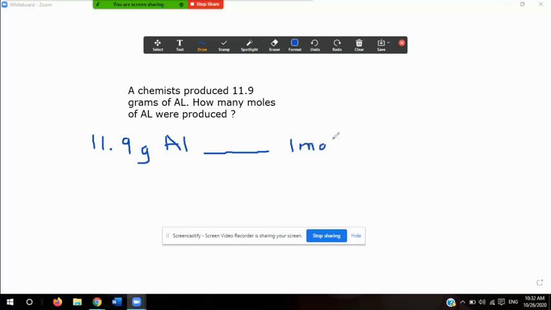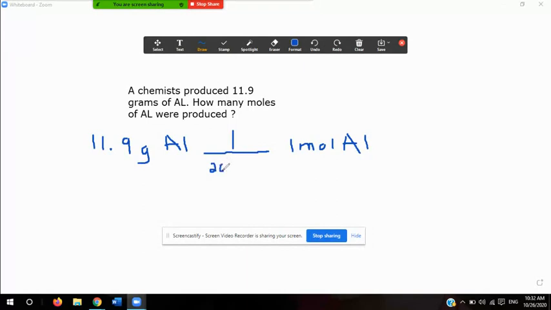So I was explaining in class that usually, and this is not a rule that is 100% set or necessarily always true, but usually when we go from moles to grams, we multiply. Now, when we're going from grams to moles, like we're doing here, we divide. Now, 1 mole is, and we have to look for the atomic mass of aluminum, and we go to the periodic table for that, and the mass of aluminum is 26.98 grams.